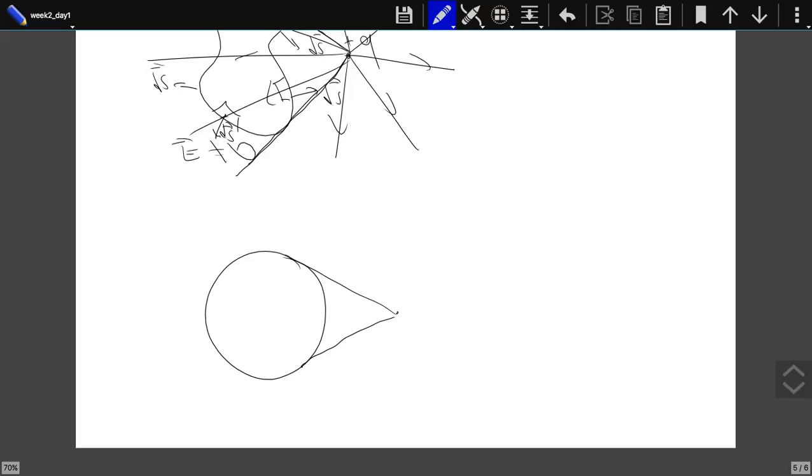Because the difference of the distance of this point from my charge and the distance of this point from my charge, the difference is this much. My charge is very far away, but the size is small. So the electric field here and here, they're almost the same. The total area on the left-hand side and the right-hand side, they're almost the same. And again, we will end up having E dot ds equal to 0.